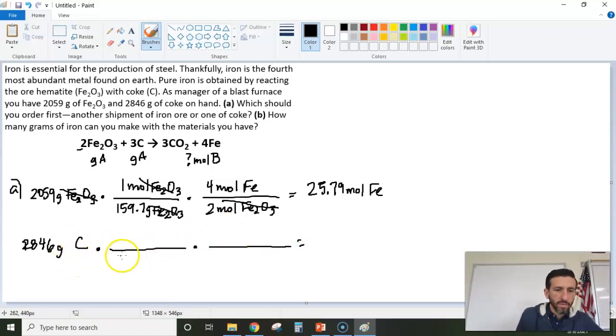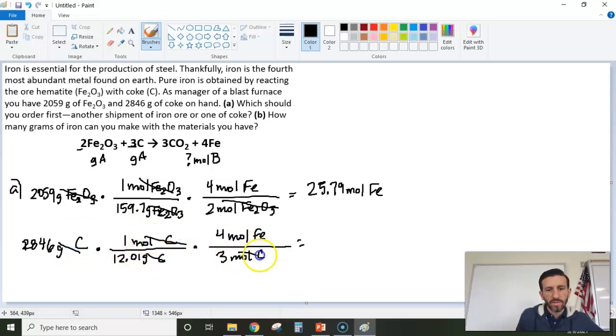And then for the carbon, or the coke, as they call it in the problem, I have the molar mass of carbon to 1 mole of carbon. And then I'm going to again have the ratio from the equation. I have 3 moles of carbon and then 4 moles of iron.